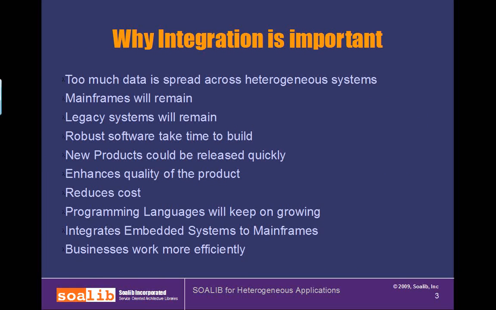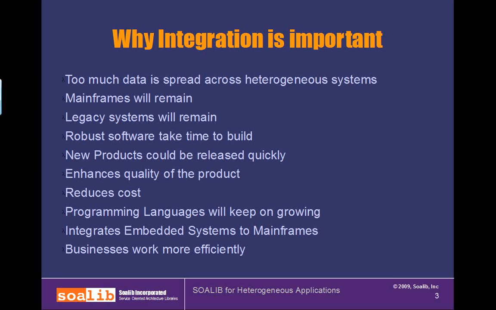And heterogeneous integration is important because too much data is spread across heterogeneous systems. Most of the systems across the industry are heterogeneous. People are using different mobile devices, embedded systems, PCs, servers, databases.